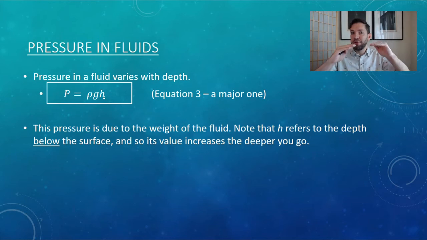So if you're at the surface, your depth is 0, so the value of h is going to be 0. But as you go deeper and deeper and deeper, your depth increases, and that value of h is going to increase. It is measured in meters. And so the pressure will also increase along with h. Just keep that in mind.